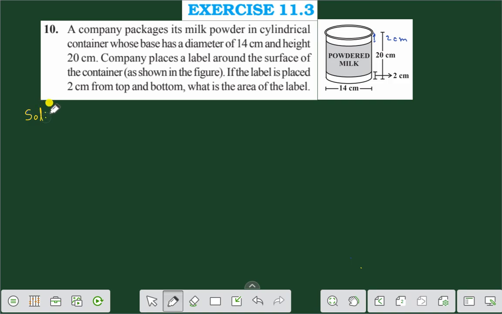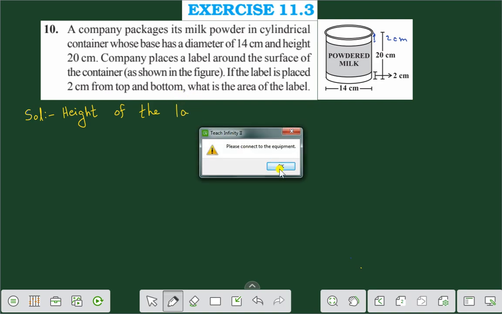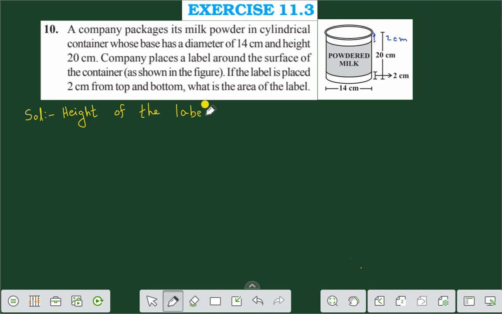Height of the label is equal to 20 minus 2 minus 2 centimeter, that is equal to 20 minus 4 centimeter, and that is equal to 16 centimeter.